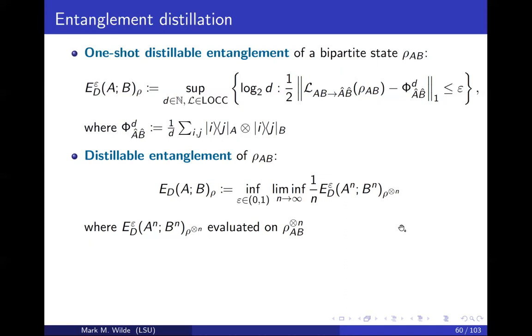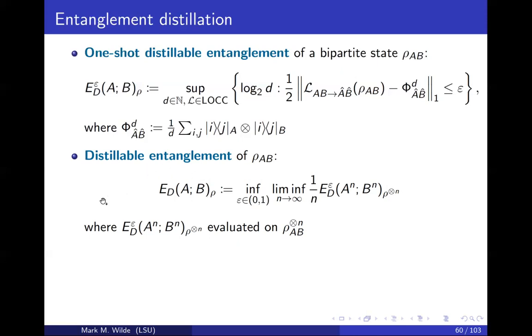So it's like the average amount of entanglement we can extract from the state. And then we allow for the number of copies to go to infinity, and we also want the error to go to 0 as well. And so these two limits are there, and that's how you define the distillable entanglement.